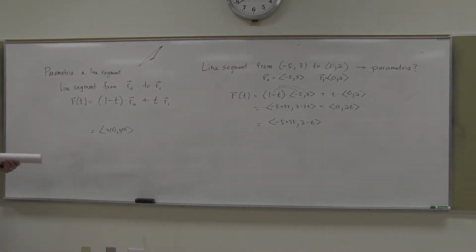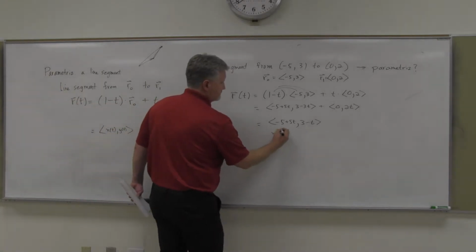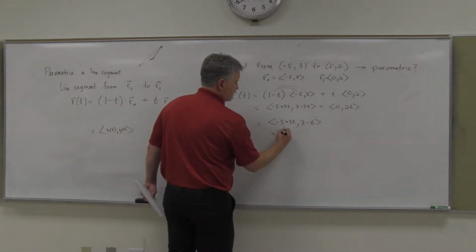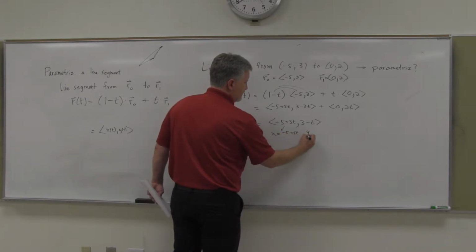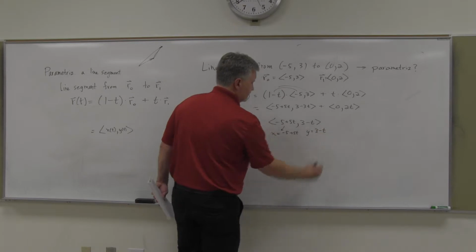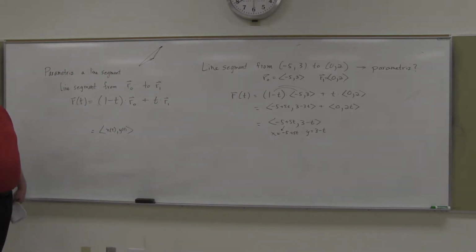Did I do that right? What we get out of that is, yes, this can be our x, and this can be our y. So it does give us a way of parameterizing this.